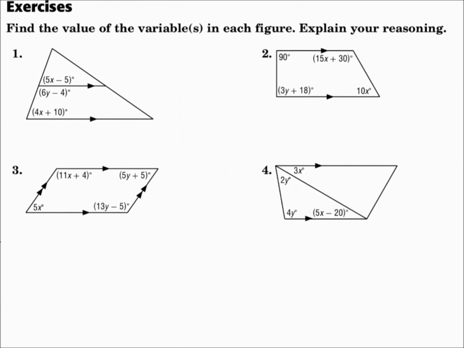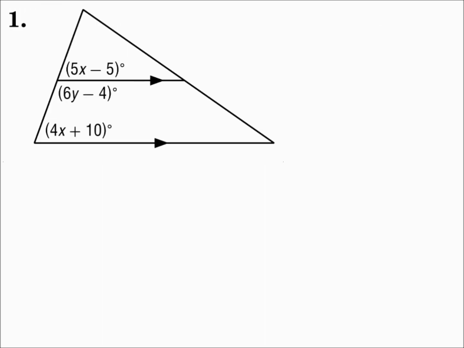Find the value of the variables in each figure. Explain your reasoning. Well, in number 1, we have a triangle that has a segment inside it that's parallel to the base. If you need to, extend the parallel lines and the transversals so that it looks more like two parallel lines cut by a transversal, and it sometimes makes your angle pairs easier to see.